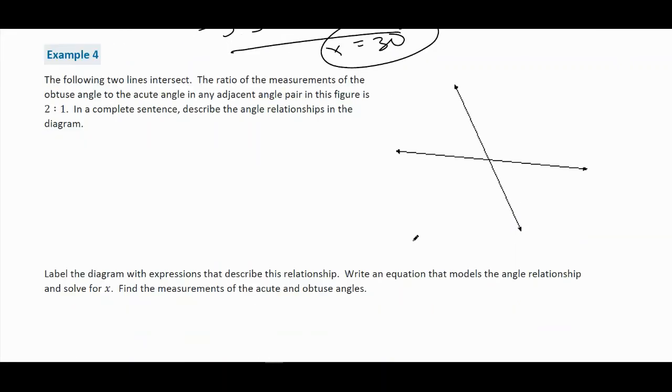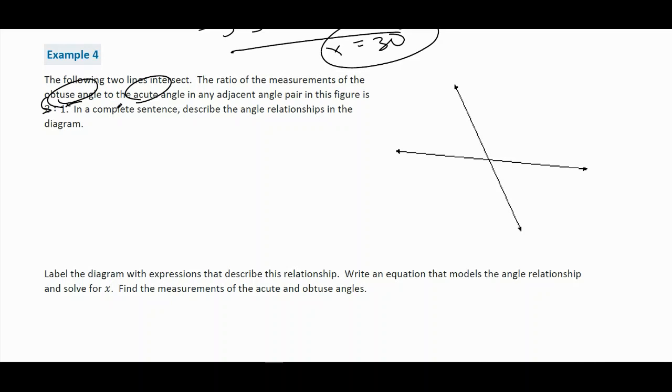All right. The following two lines intersect. The ratio of the measurements of the obtuse angle to the acute angle in any adjacent angle pair in this figure is 2:1. So the obtuse angle is going to be the ratio 2, and the acute angle is going to be the ratio 1.